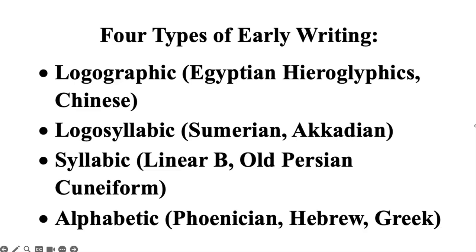Then we have syllabic writing, or syllabaries, a syllabic writing system like Linear B, which was the writing system used for Mycenaean Greek, Bronze Age Greek, and Old Persian cuneiform, using the same cuneiform system but vastly simplified with respect to the Sumerian, Akkadian, Elamite, and other versions that were used at an earlier time.